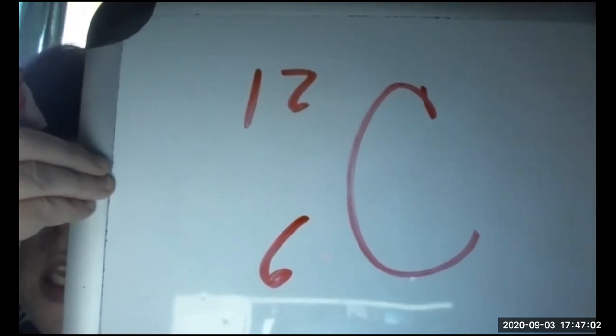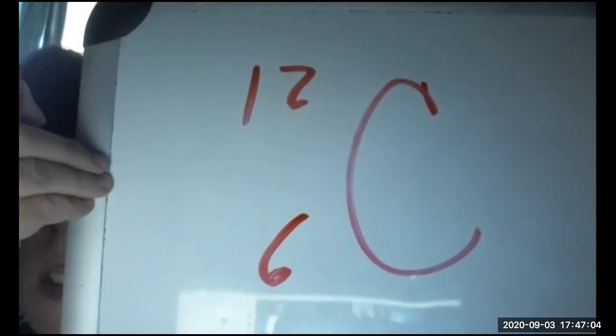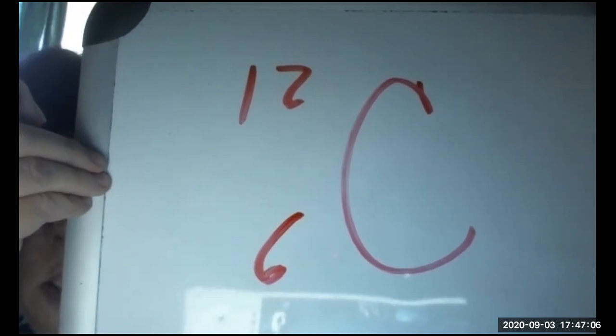This is really, truly traditional isotopic notation. Like I said, I haven't got an easy way to get Microsoft Word to display a number on top and a number on the bottom vertically above each other. That puts me in a bit of a quandary.